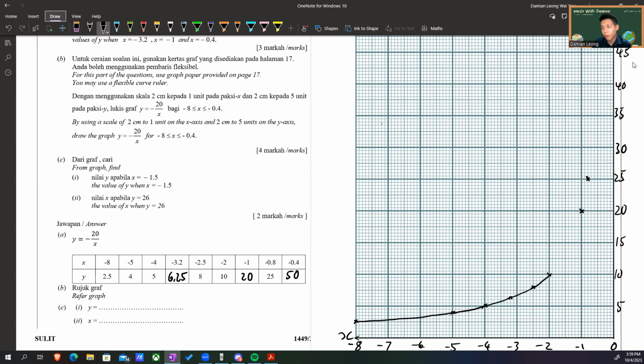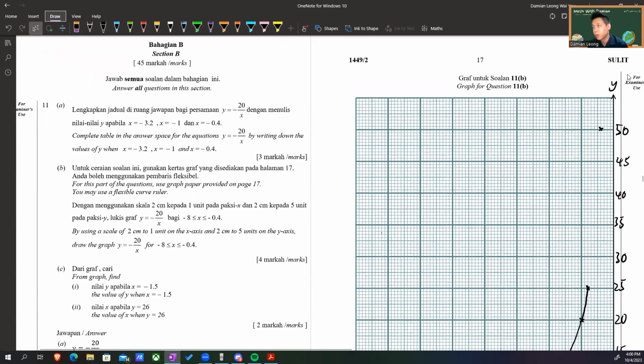You don't always have to face the whole paper straight. You can turn the paper, so that is a tip to make the curve smoother. I'm just drawing to the best of my abilities, but it may not be very smooth.